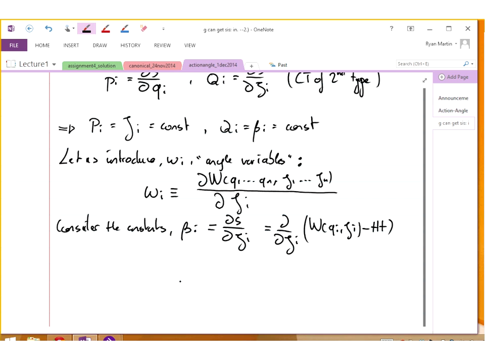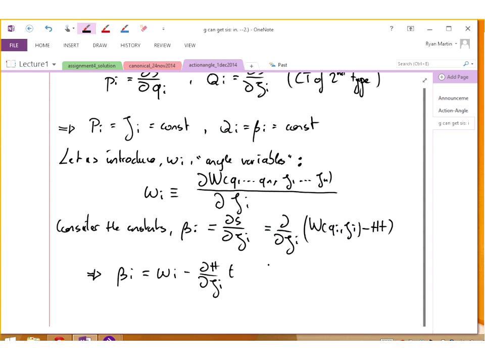So these beta i's, which remember are constants, are equal to the lowercase wi minus di H by di capital Ji times T. So remember, beta I is a constant. Everything else is not a constant in that equation.